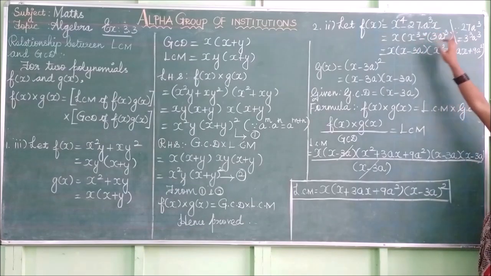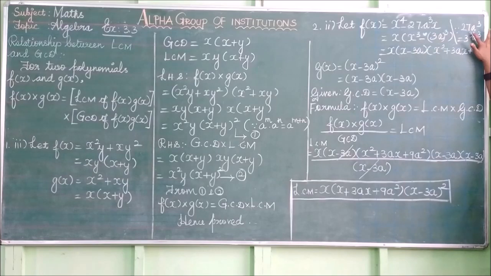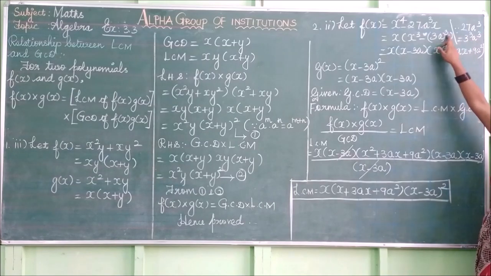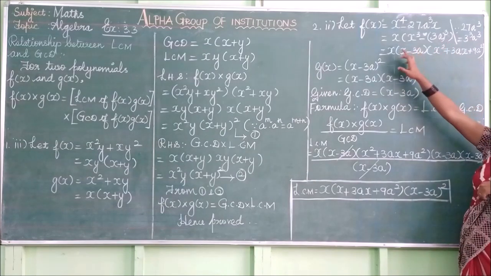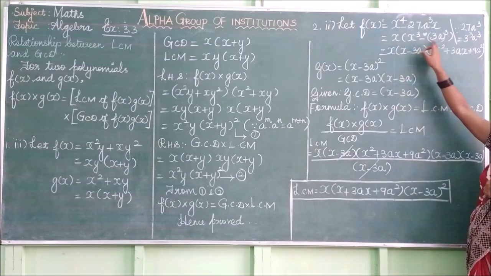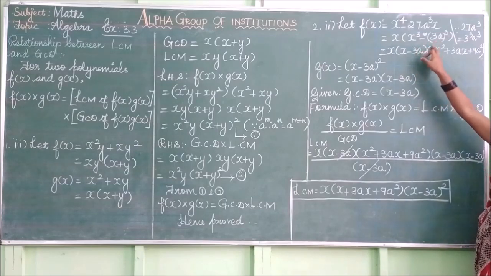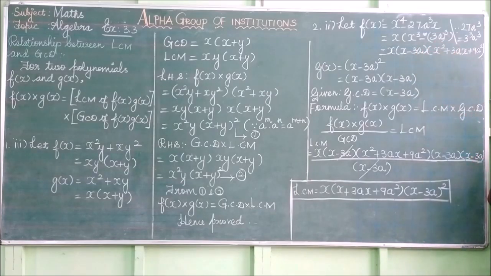The 27 a cube can be written as 3 power 3 a power 3. Then we take the power 3 as common, that is 3a whole power 3. This is in the form of a cube minus b cube. So what's the formula for a cube minus b cube? a minus b into a square plus ab plus b square.